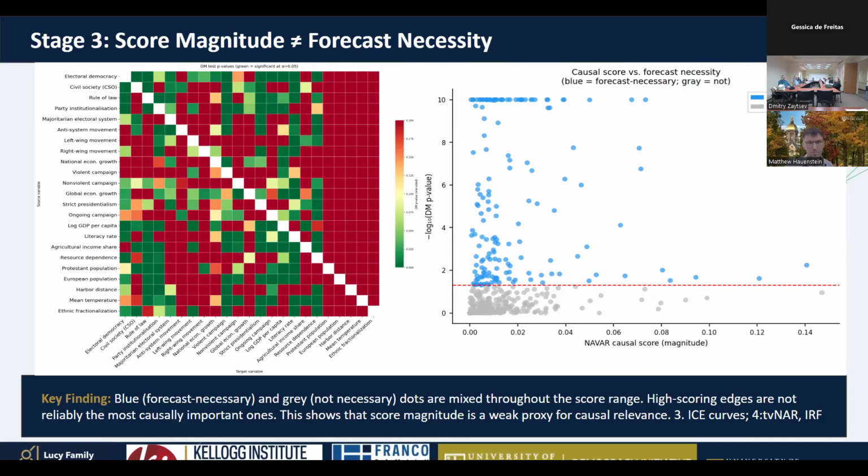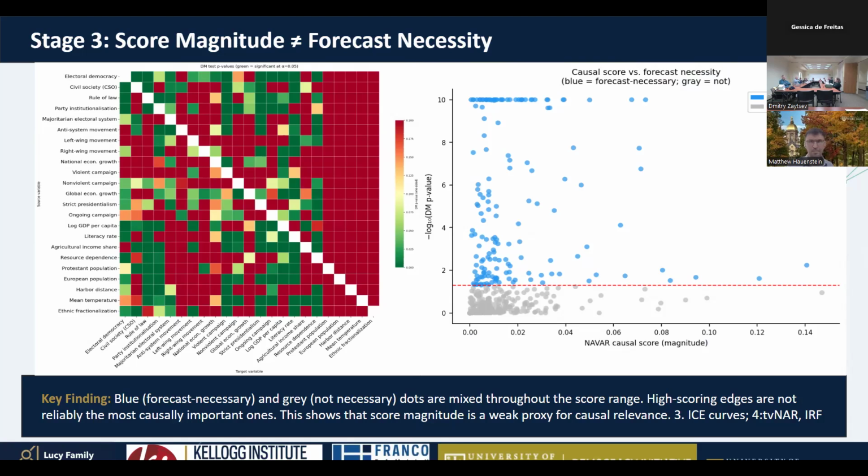So the importance, the forecast necessity, I'll put it this way. In the upper left of this graph, you have variables that are necessary for good forecasts, but tend to have rather low causal scores. How can that be?